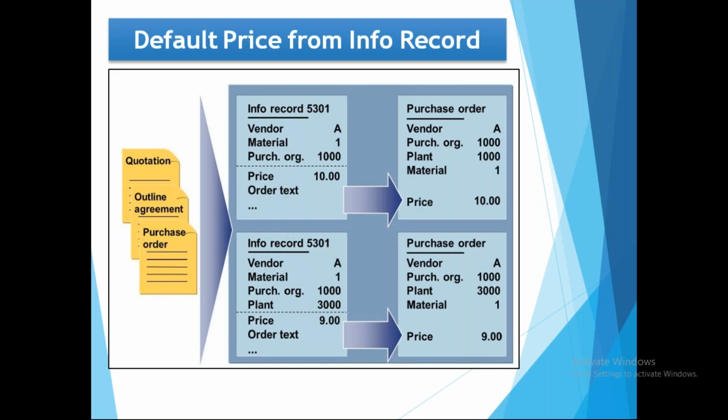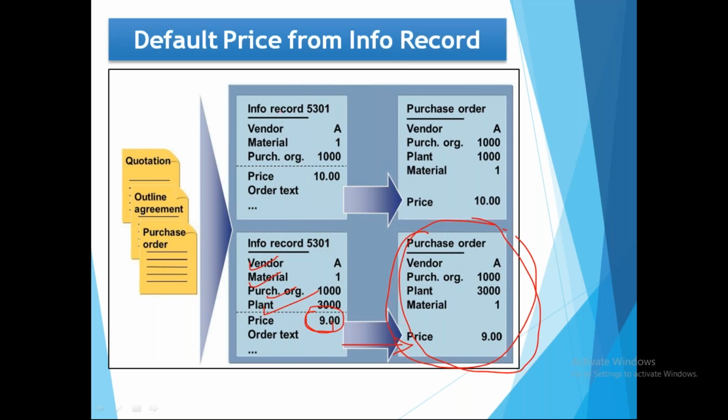Okay, so now let's move on. Now, the info record we have created as of now is for a vendor, material, purchase organization and plant combination. So whatever price you maintain, system will copy that price to the purchase order.